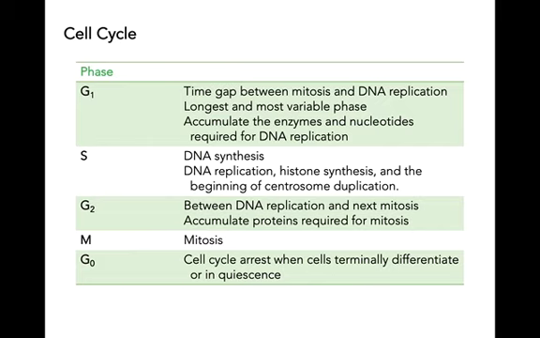So, you must have more proteins para ma-distribute sa dalawang daughter cells, right? Okay, now we go to mitosis. Ito yung actual cell division. And again, another phase, the quiescent phase or the G0 in which there is cell cycle arrest when the cells are terminally differentiated or in quiescence. Unless pag may injury, hindi sila papasok back to the cell cycle, back to G1.